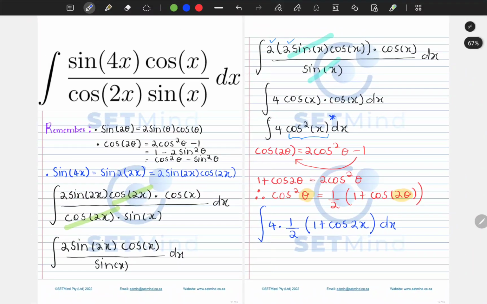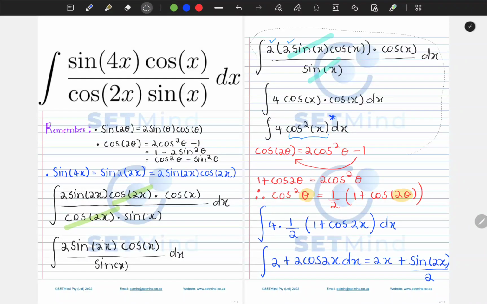So this integral then becomes the integral of the half multiplied by 4, giving us a 2. So it will be 2 plus 2 cos of 2x dx. If you look carefully, when you integrate, you'll get 2x, and then when you integrate cos, you will get sine of 2x, but then it needs to be divided by 2.